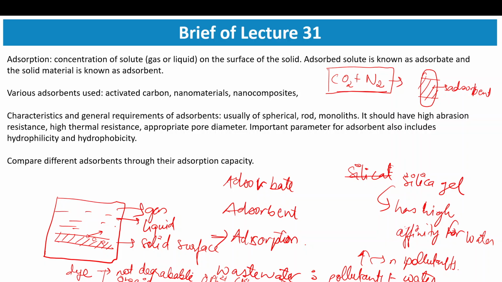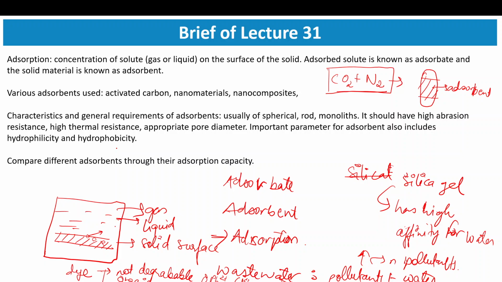So in that case, you will have a choice of adsorbent. There are various adsorbents available, and you need to have some laboratory tests to check which adsorbent is specific towards which type of pollutants.